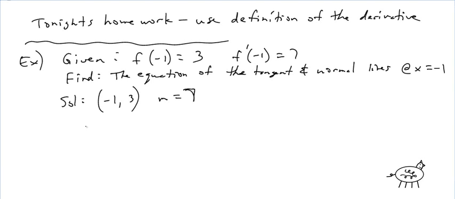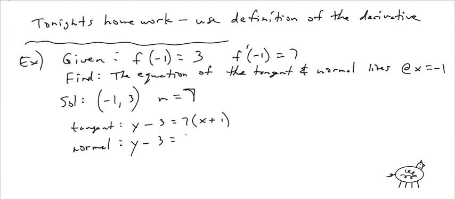So, of course, here's your tangent line: y minus 3 is equal to 7 times x plus 1. Really, really easy. And, of course, your normal line is going to be y minus 3 equals -1/7 times x plus 1. That's it. Okay?